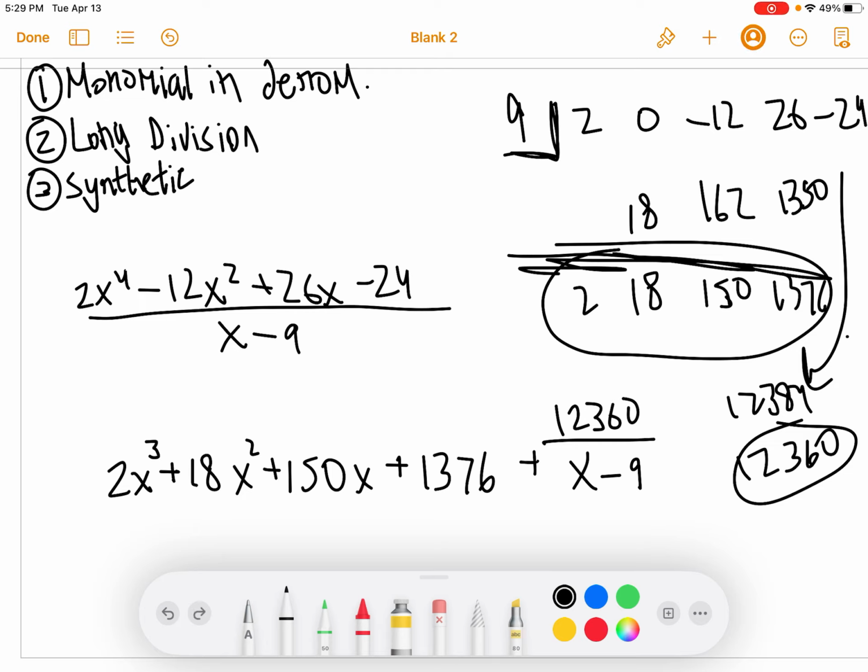You start out with 1 less than the first exponent on the first term of the numerator of the original problem you're given. Then you go lower, lower, lower. Remember, if there's x to 0, just take away the x. And when there's a remainder, you put it divided by what the denominator was in the first place. That is how you divide polynomials.